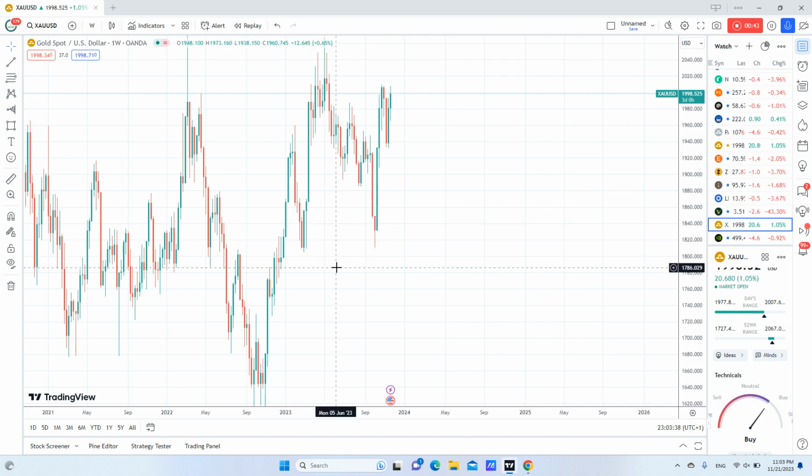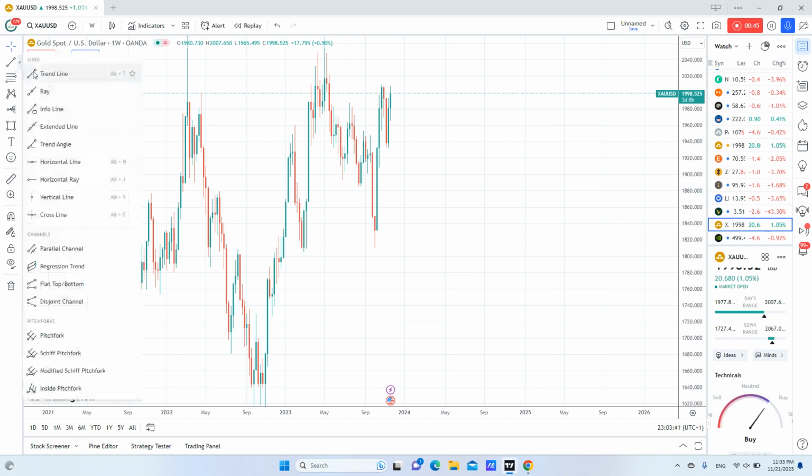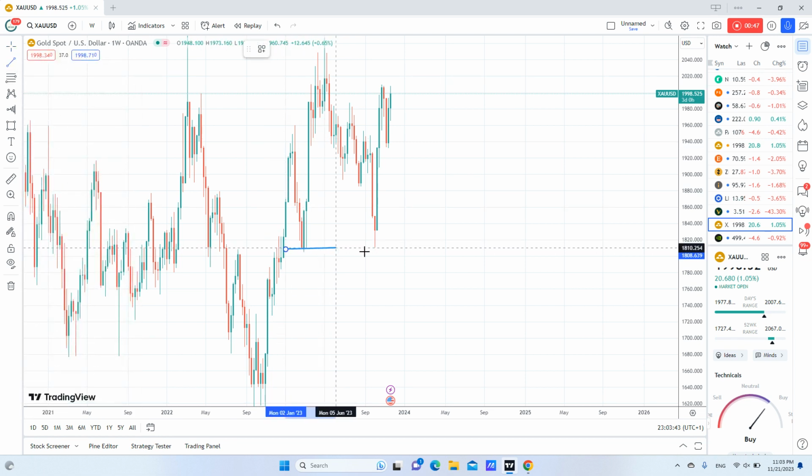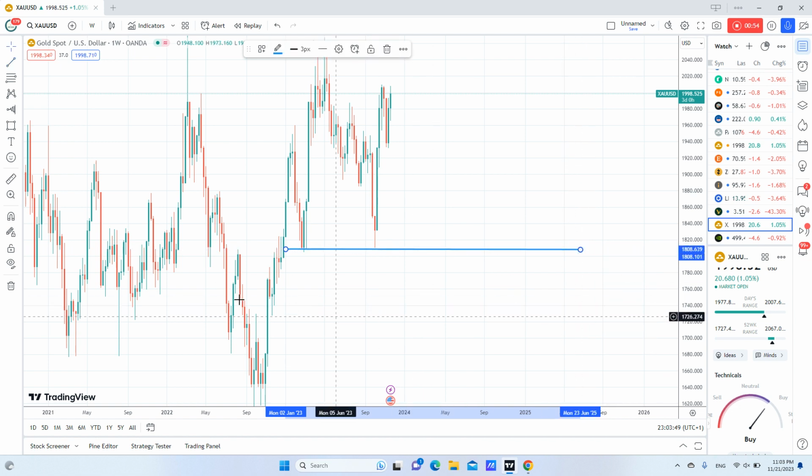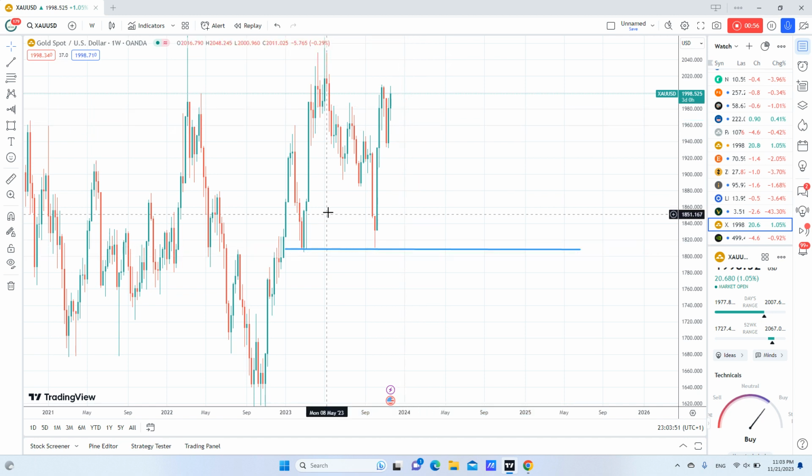But I think, because I see this support here, a very clean double bottom, and always when I see something like that, you should be suspicious, because there is no such thing in trading.